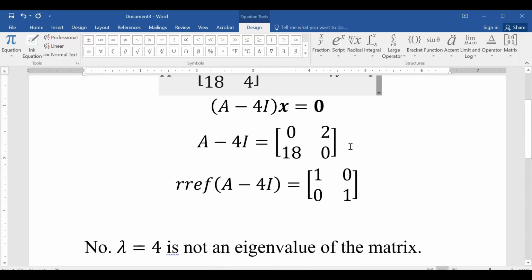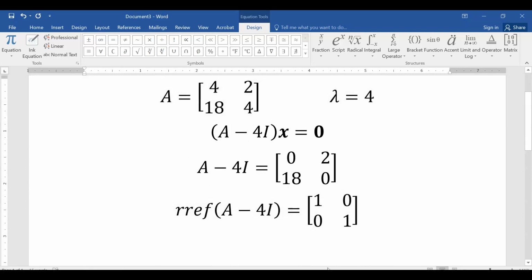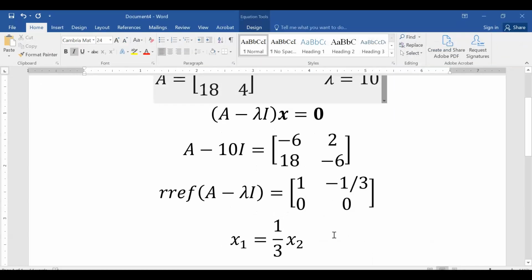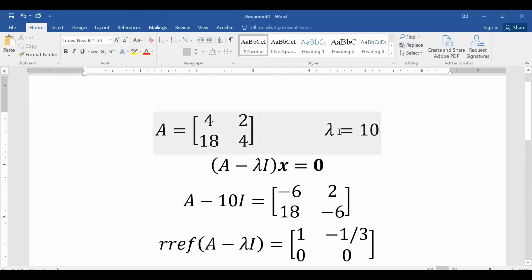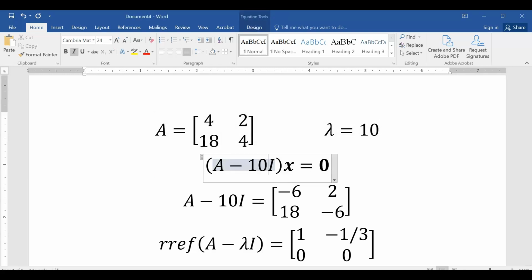Now, when we do the same calculation with lambda equals 10, here's what happens. So we go A minus 10 times the identity. So we're going to subtract 10 from the 1,1 spot. That'll give me a negative 6 there.